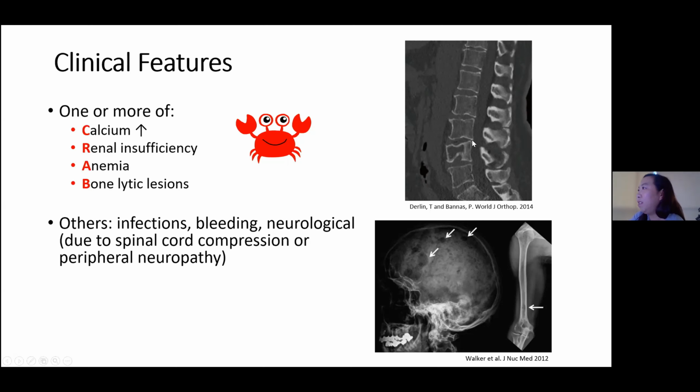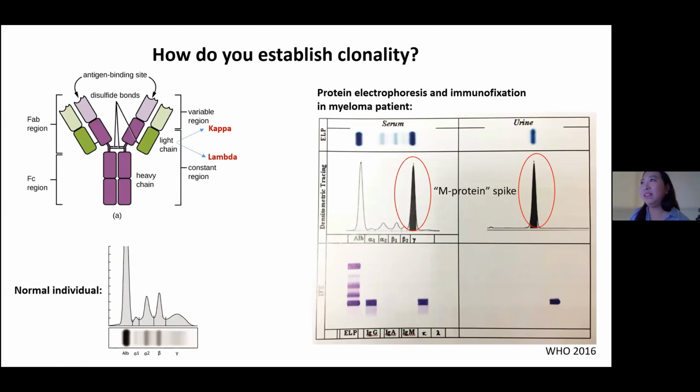And this is a picture of a lytic lesion in the skull, where it looks like there's some hole being punched in the skull, so we call it a punched-out lesion in radiological terms.